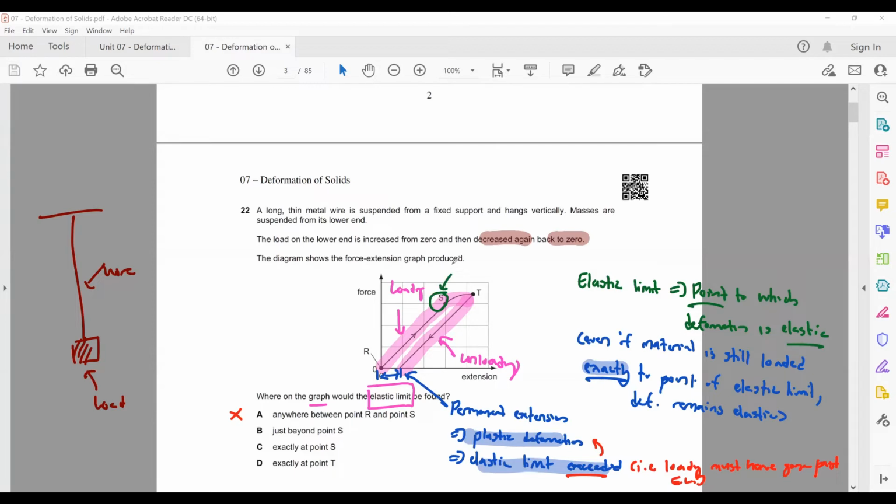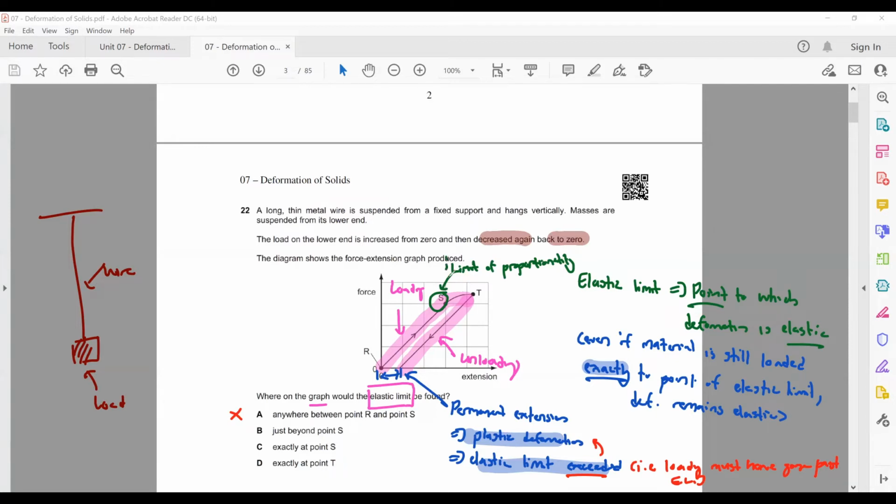This one here is actually your limit of proportionality. S is the part where your line stops being a straight line, where your force is no longer directly proportional to extension. You could say that Hooke's law is obeyed up to here only.